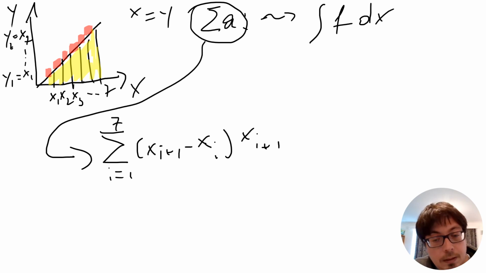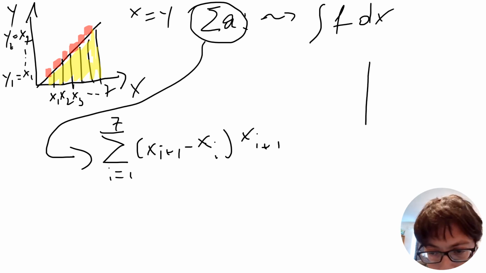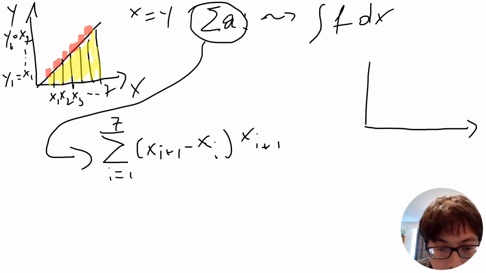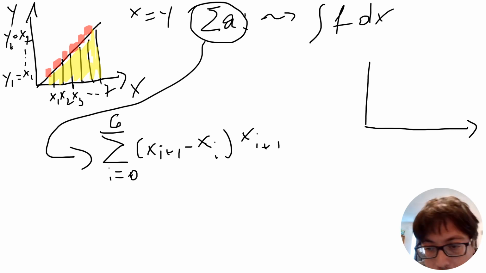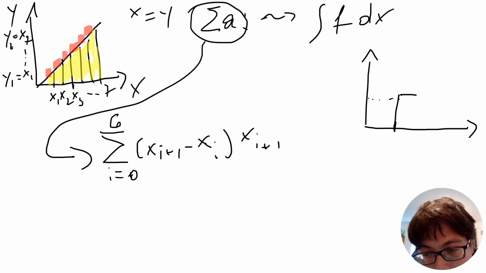Why is that? Because if you think about the single rectangle, let's zoom in. I think the starting point is better to be 0, and this is actually 6, otherwise you make a mistake. So the rectangle is, for example, this rectangle somewhere in here.